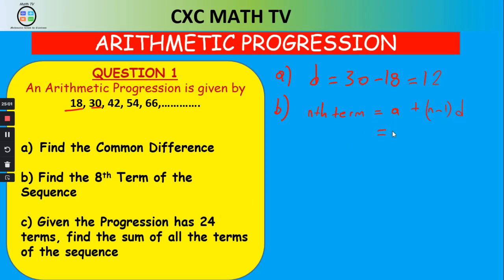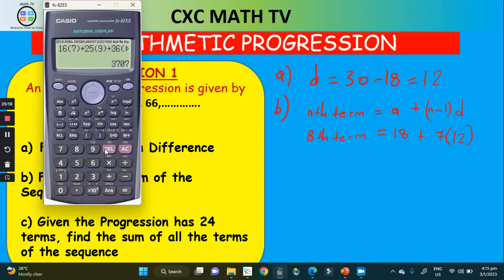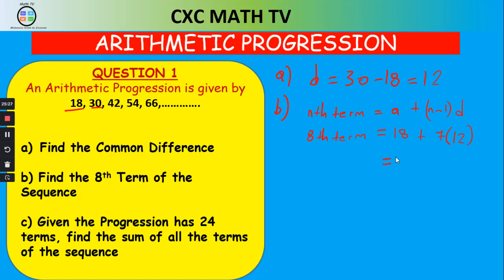So in that case, it is 18 plus, for the 8th term, 8 minus 1, which is 7, times d, which is 12. You put that into your calculator, 18 plus 7 times 12, work that out and we get 102. So the 8th term would be 102. The common difference is 12, and the 8th term is 102.